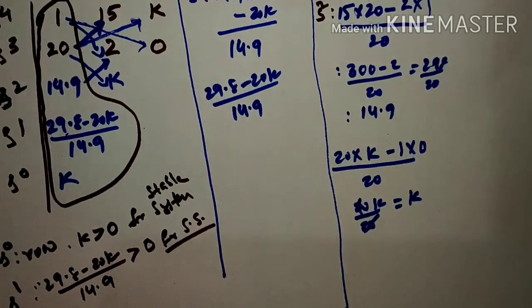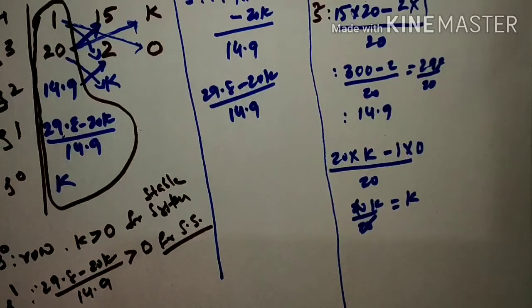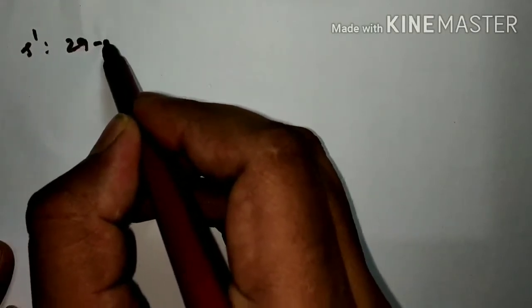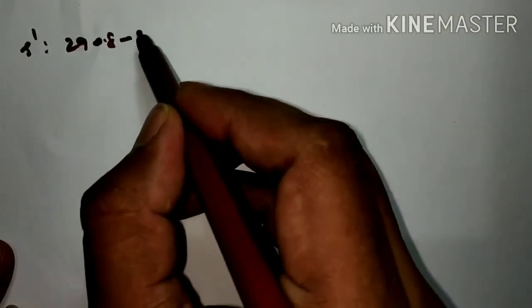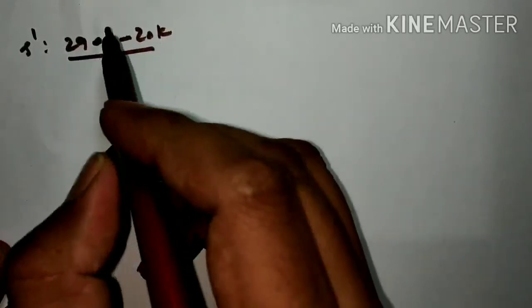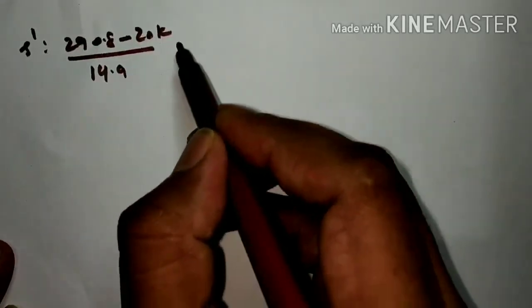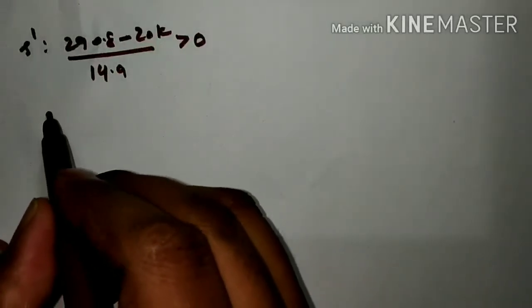How are we going to find the range of k from this? I will tell you. From the s power 0 row, it is clear that k should be greater than 0 for the stable system. Now the s power 1 row says that (29.8 minus 20k) by 14.9 is greater than 0.